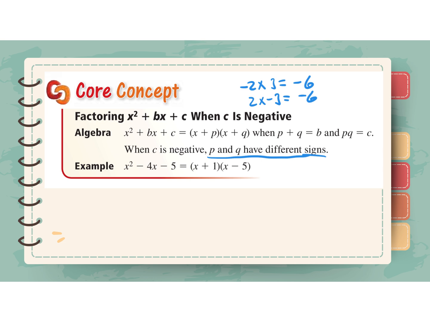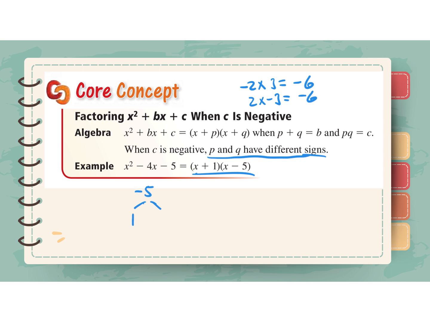So you can expect your final answer to look something like this, right? It's going to have one positive and one negative, right? So in this example right here, x squared minus 4x minus 5, if we did our same process, I want to try to find factors of negative 5. Well, I know factors of 5 are going to be 1 and 5. Right, so since I want to find factors of a negative 5, I have to consider both options, right?